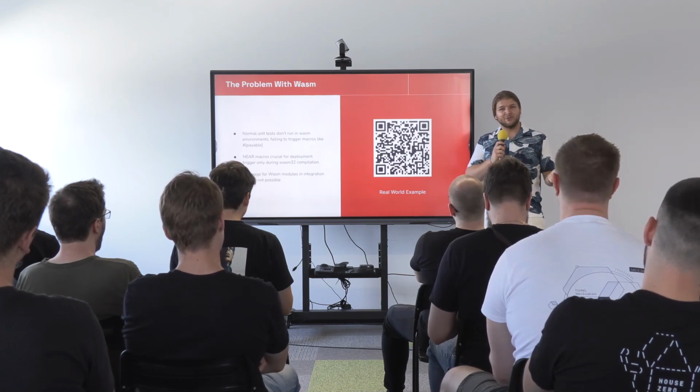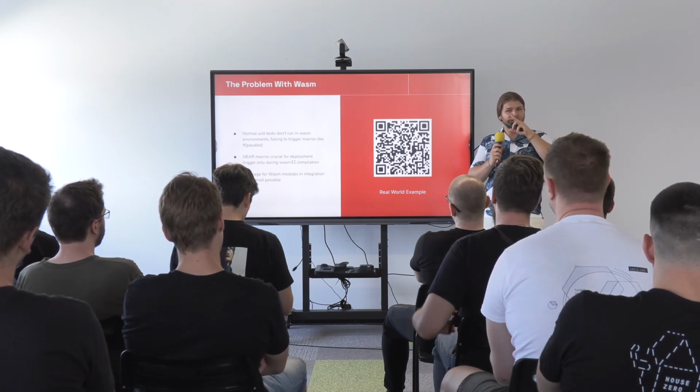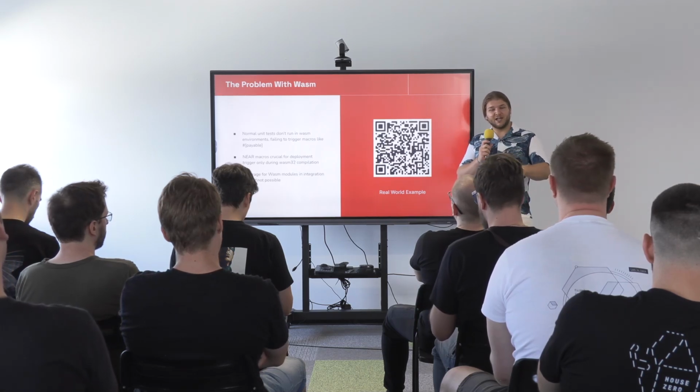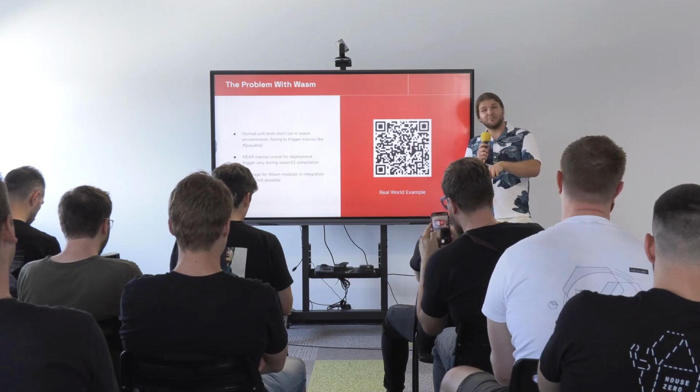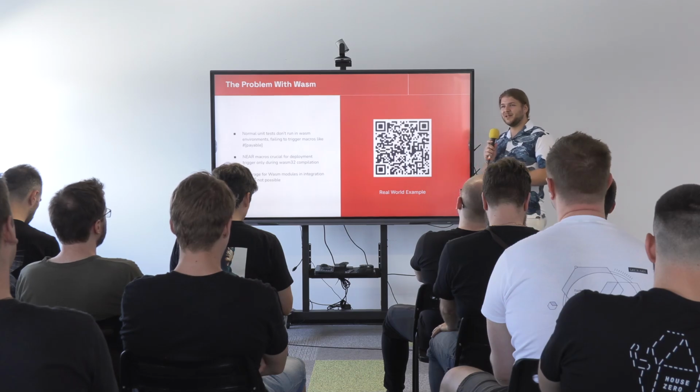And to use the main account key, you need to attach one yoctoNEAR to a transaction. And to be able to attach one yoctoNEAR to a transaction, you have a payable macro. And a payable macro only gets triggered when compiling to WASM32, okay?